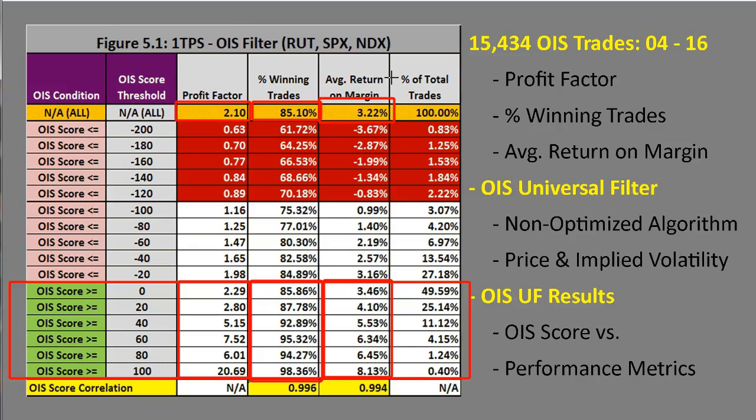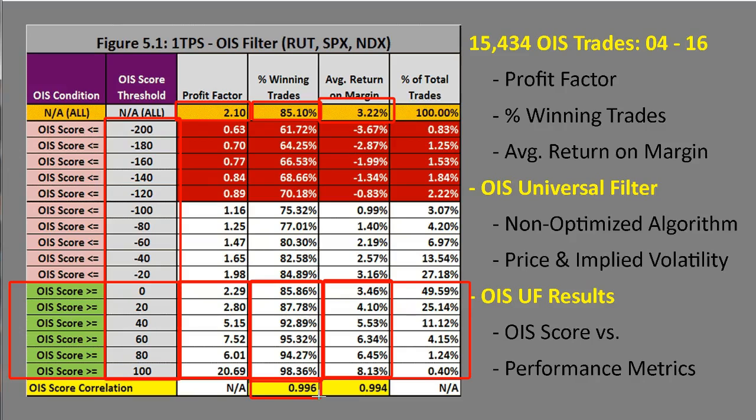The final note is the extremely high correlation between the OIS score itself, the OIS filter score, and the percentage of winning trades. The correlation was 0.996. Again, a correlation ranges from -1 to +1. So what we see here is that the OIS score was almost a perfect predictor of the percentage of winning trades.